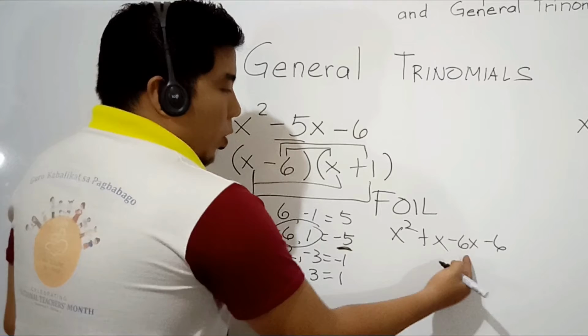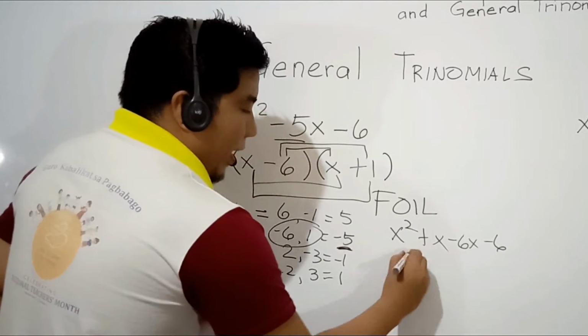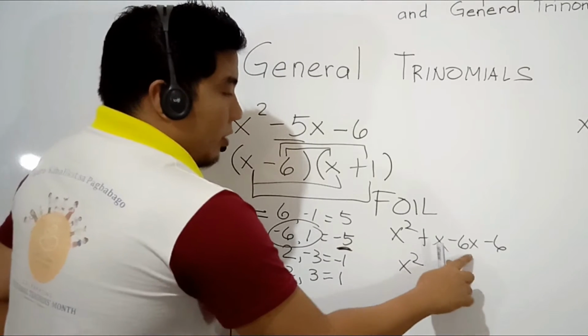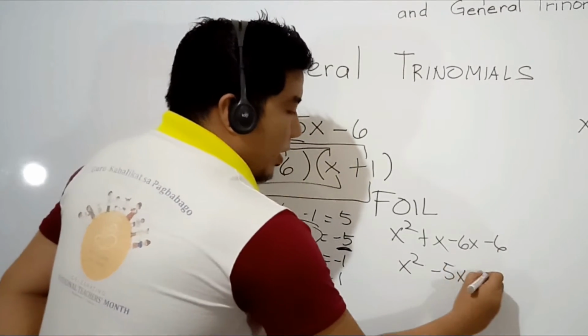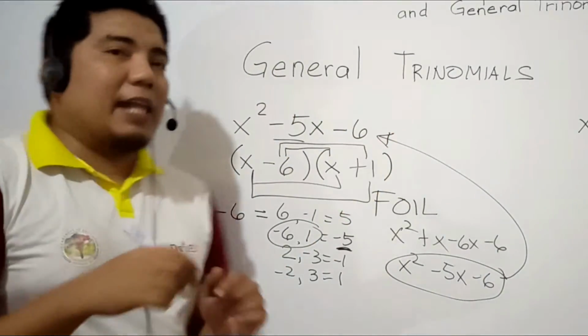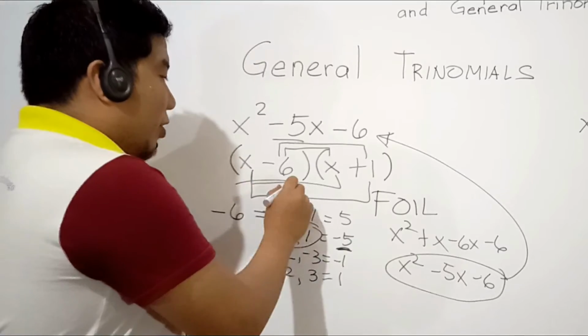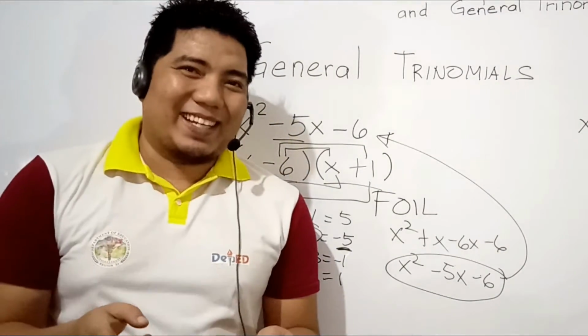In this part, we can still simplify these two terms. So we have x squared, x minus 6x is negative 5x. Then you just copy the negative 6 and they are just the same as your original answer. Therefore, your factors x minus 6 and x plus 1 is correct.